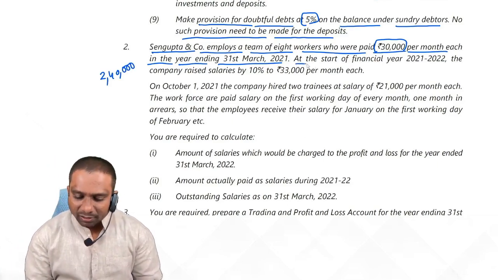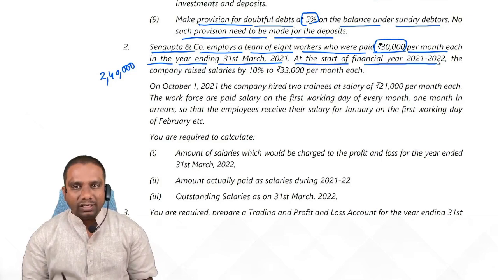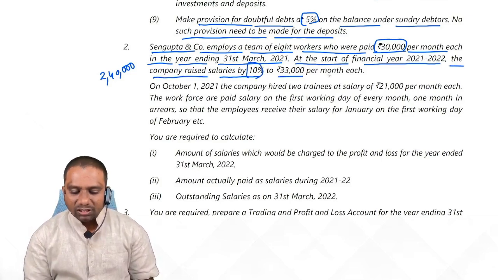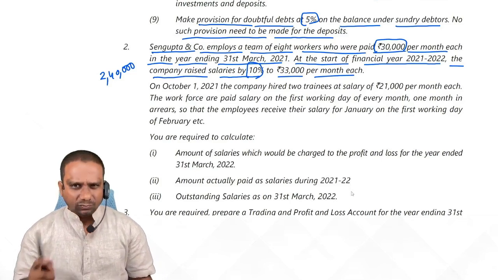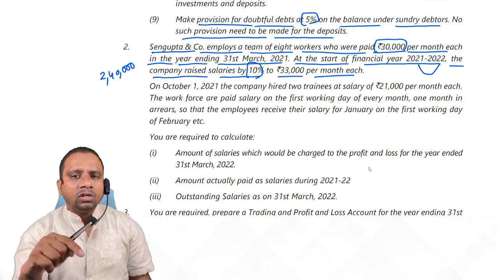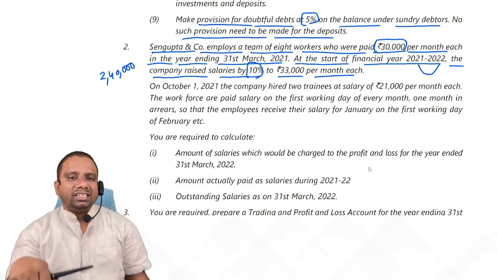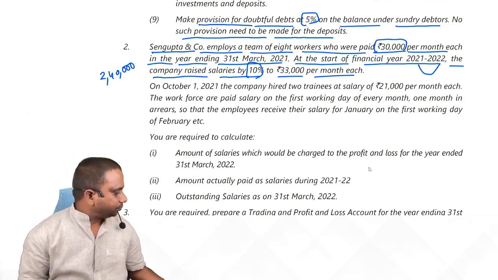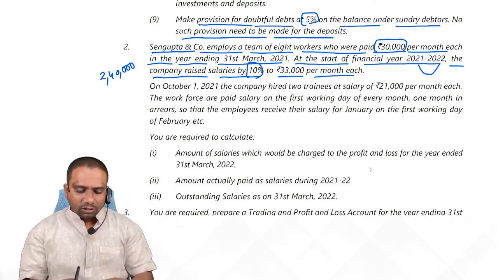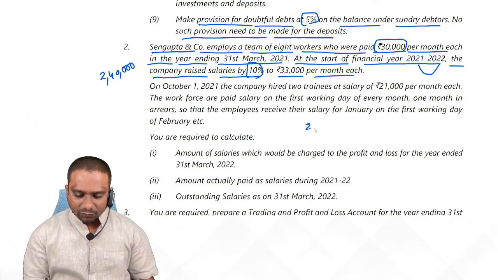At the start of financial year 21-22, the company raised salaries by 10% to 33,000 per month. So from the financial year 21-22, what is the salary of each employee? 33,000 rupees. So 8 employees into 33,000 is 2,64,000.